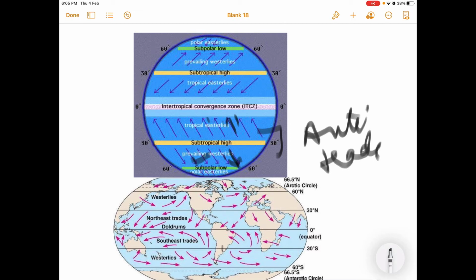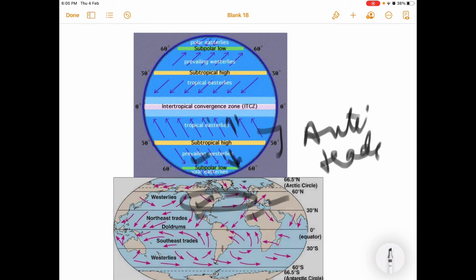So children, they have given the name according to the direction the winds blow, and you can see from the world map, in the northern hemisphere the speed of the westerlies is less because there are obstructions, the land masses are more in number in the northern hemisphere.